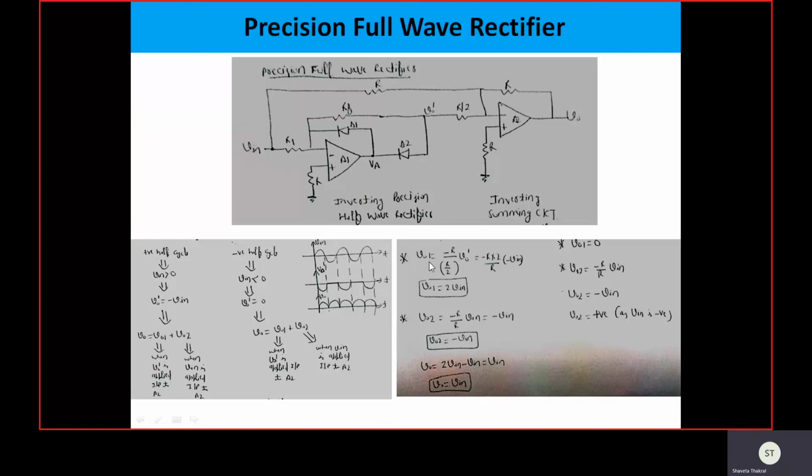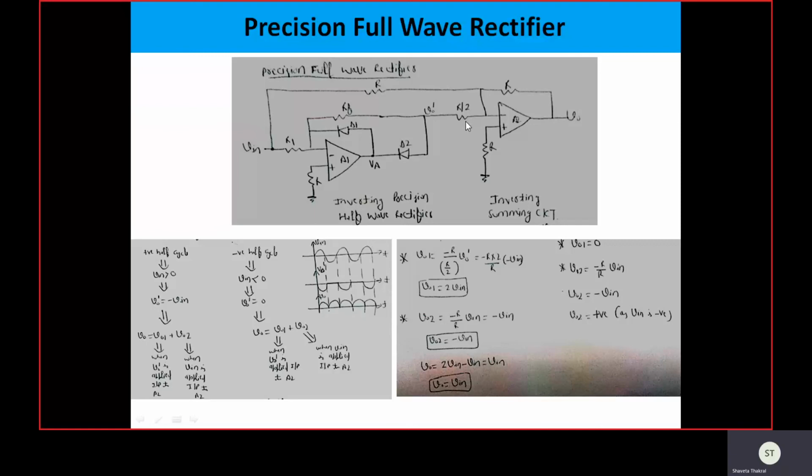So V naught 1 and V naught 2 we are calculating to get V naught for positive half cycle and V naught for negative half cycle. So V naught 1 is calculated when we consider V naught dash as input and neglect the effect of V in. That means V in we suppose 0. So when we are considering V naught dash as input, this is the inverting operational amplifier.